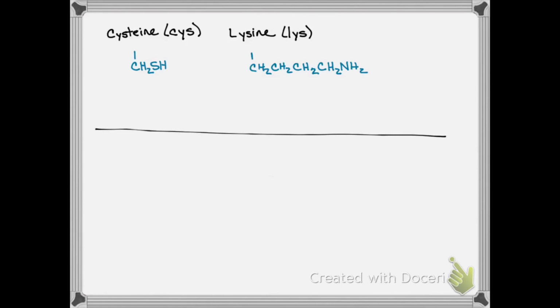The amino acids that I'm going to work with are valine and methionine.